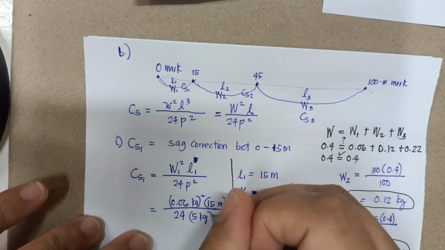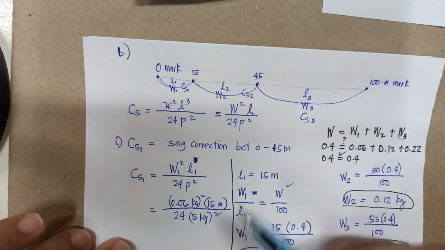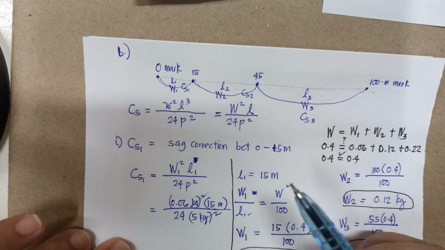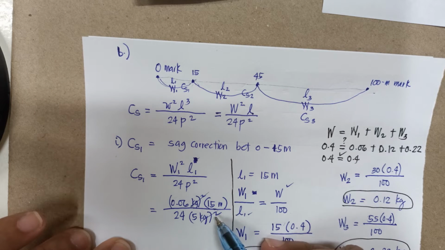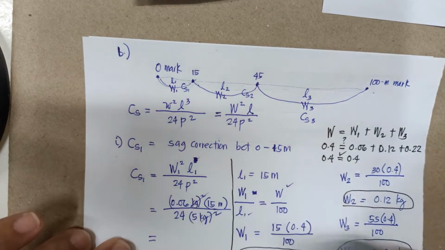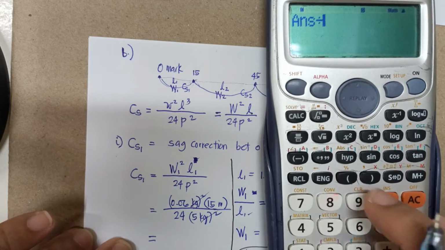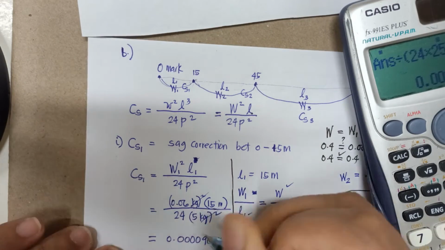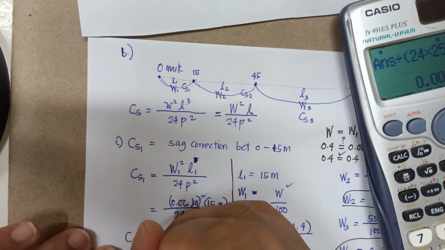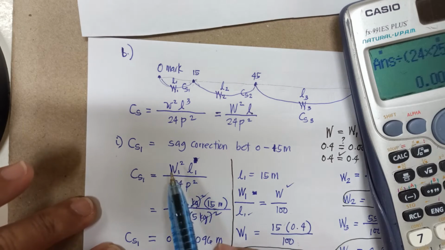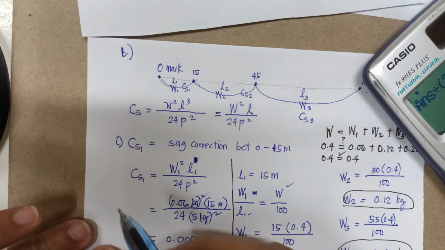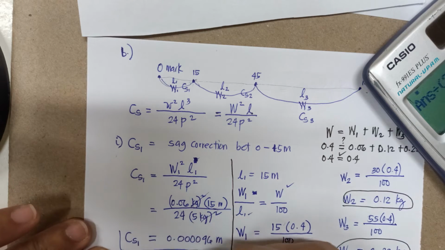The kilograms squared will be cancelled out, leaving us in meters. So this is the sag correction between the support 0 to 15 meters. This is the answer for I.